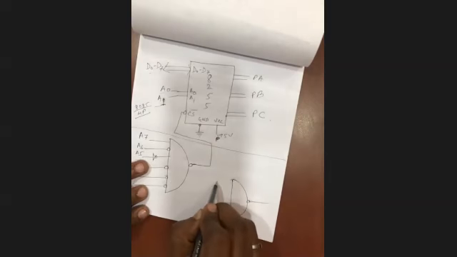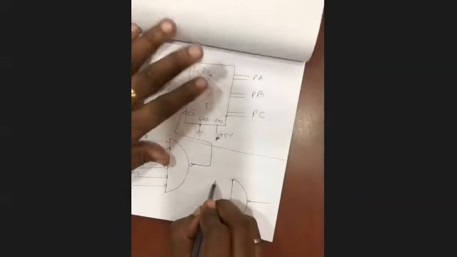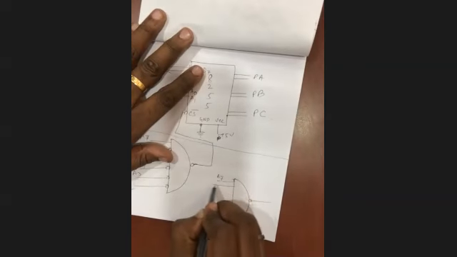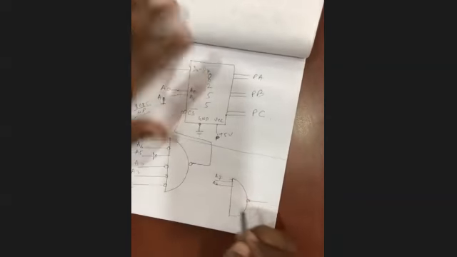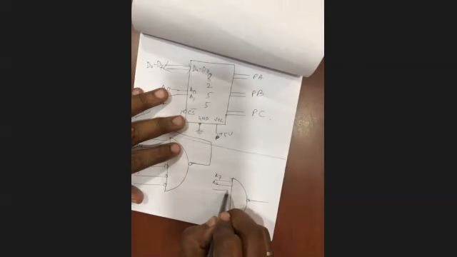Sir, A7 1 or 0? 1, sir. A6 also 1. So A7 and A6 both are directly connected. A5, sir, 0. So connected with a NOT gate.